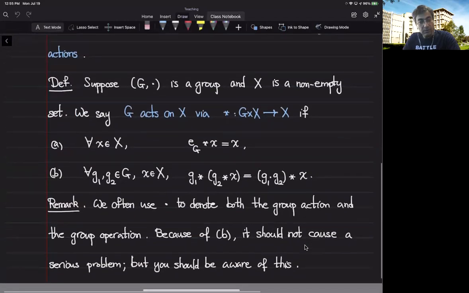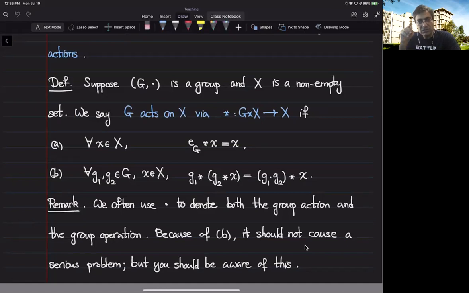So let's say I give you a group G, and I give you a non-empty set X. When we say G acts on X via a certain map, this map star, we are going to denote it by a star right now, it takes an element of G and an element of X and asks what kind of permutation does this element g do to this element x. We say, how does this element g act on small x?